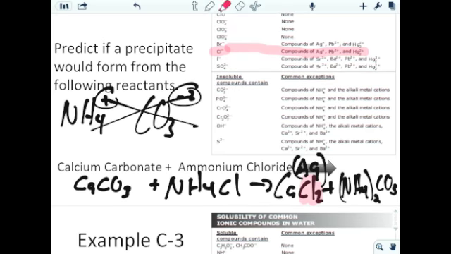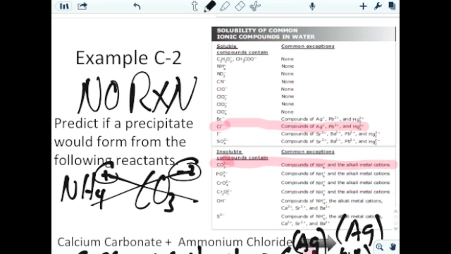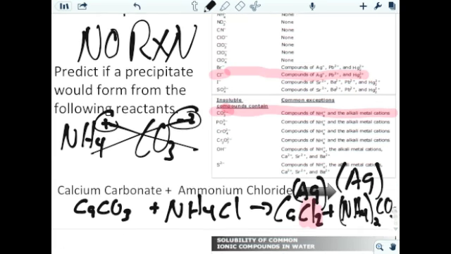Well, where's carbonate? Carbonate's right here. The only exceptions that we have, it's insoluble, so therefore it would form a solid unless, well, we see that it's bonded to the compound of ammonium, so that would be aqueous as well. So therefore, no reaction has actually occurred on that example because they're both aqueous.